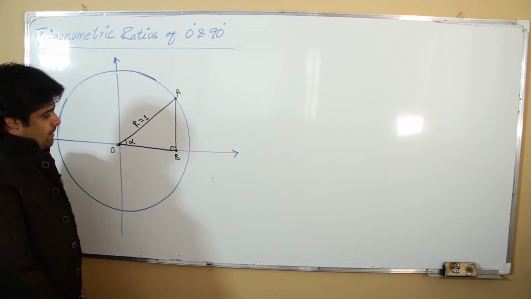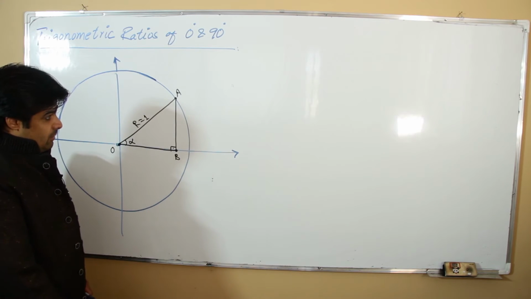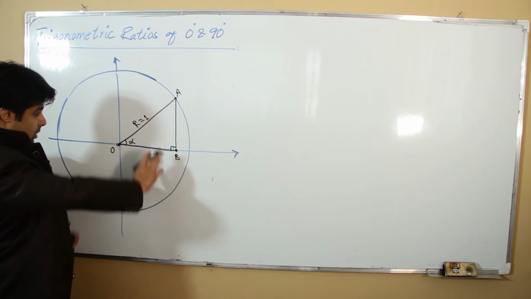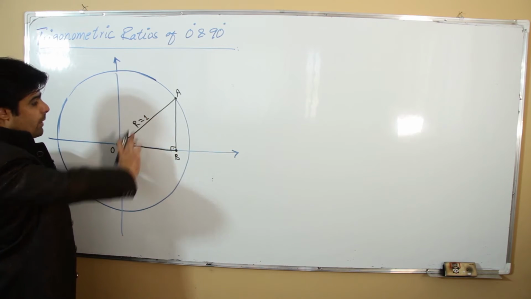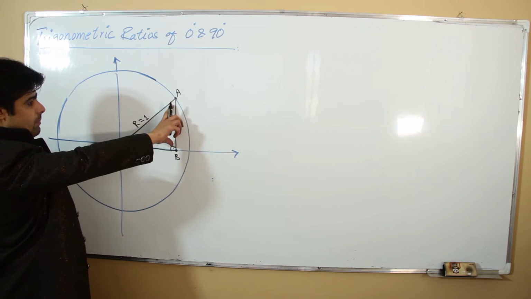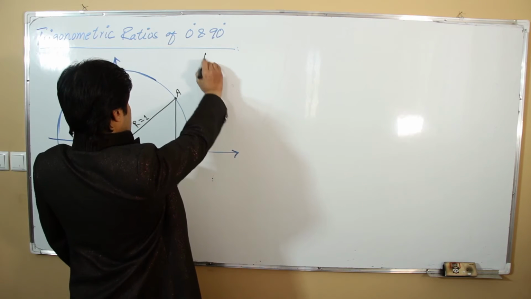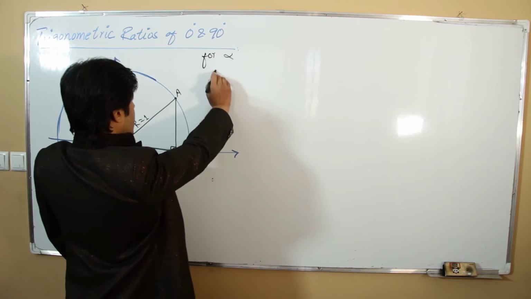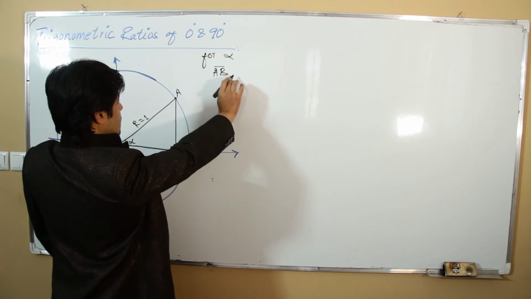What is a trigonometric circle? Trigonometric circle is the circle in which the radius is defined as 1 unit. Am I right? Yes. For alpha, AB is the opposite side. For alpha, AB is your what?